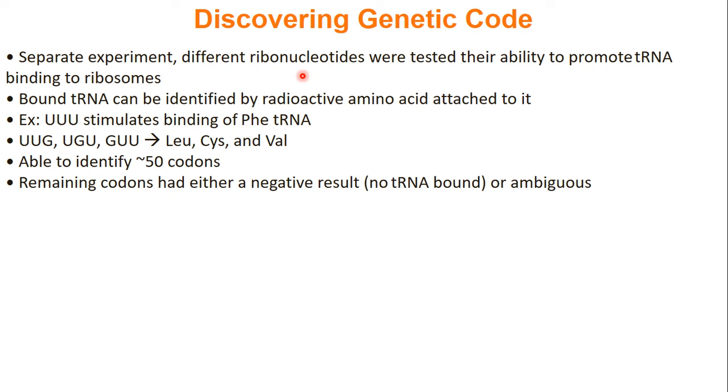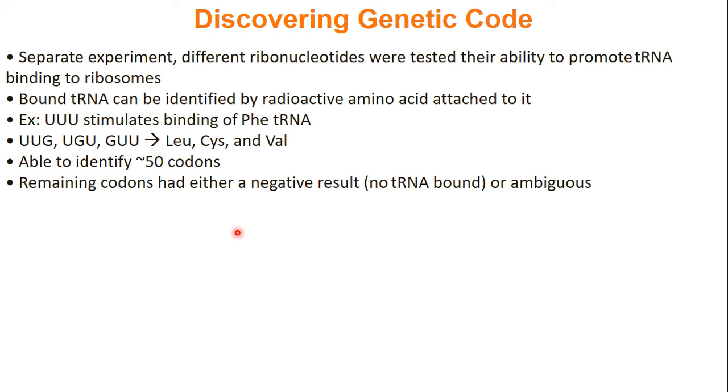So, for example, with UUU, you find the tRNA that has Phe attached. So with this, you could see what UUG makes. Well, when we do that, leucine is attached. UGU, cysteine. GUU, valine. And using this method, 50 different codons were able to be discovered.